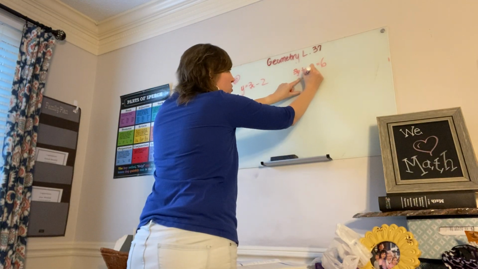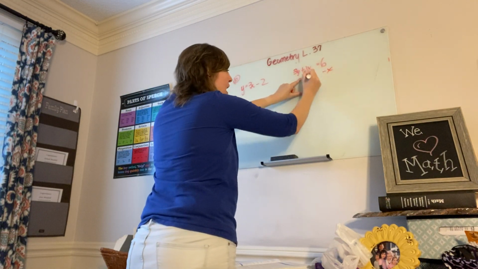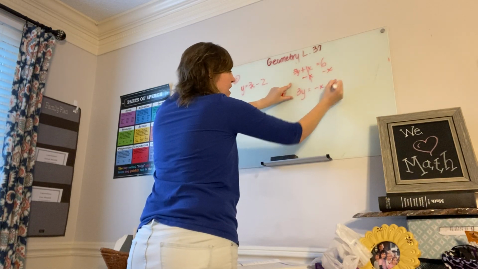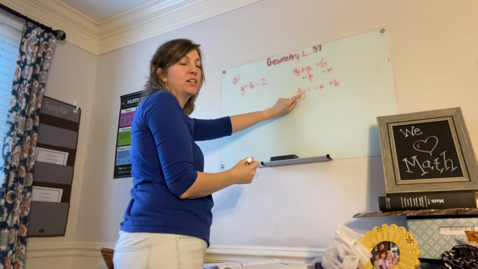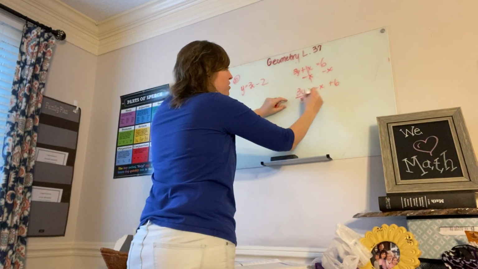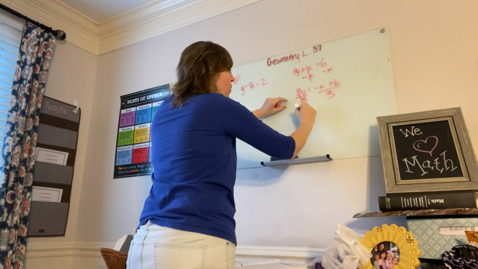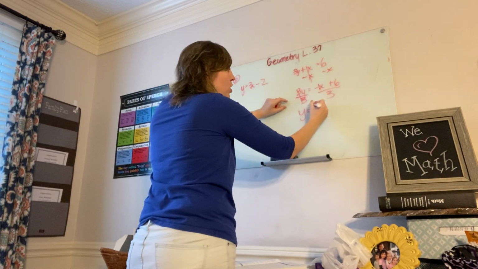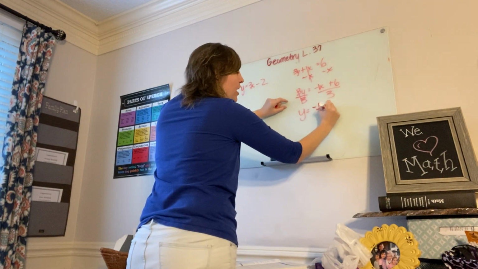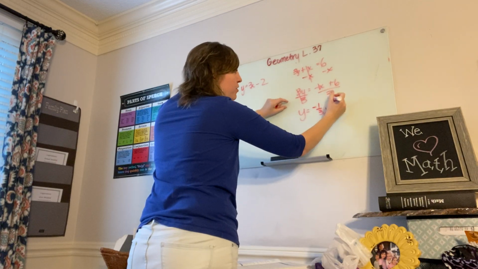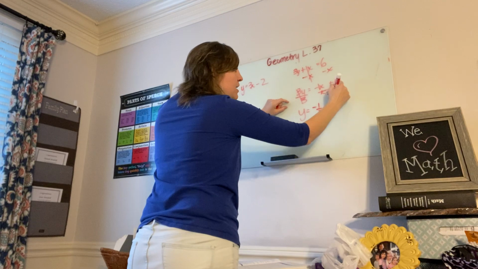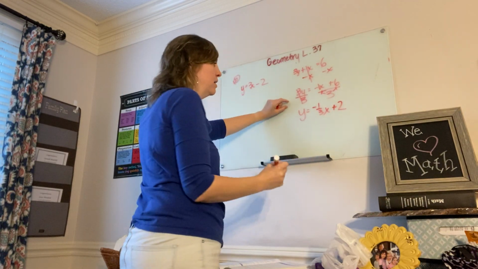So I'm going to subtract x, and I end up with 3y equals negative x plus 6. Now, I'm not finished because I've got to get y by itself. Divide through by 3. So y equals negative 1/3 x, since the x has an understood 1, and then 6 divided by 3. Remember, we're dividing both terms by 3. 6 divided by 3 is positive 2.